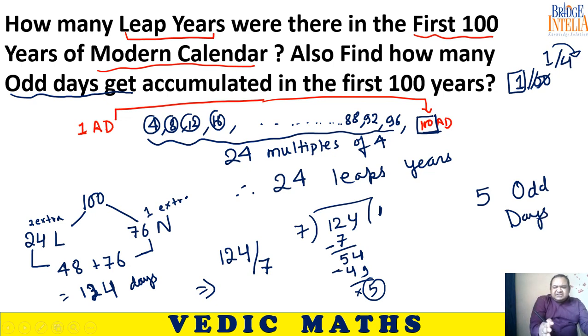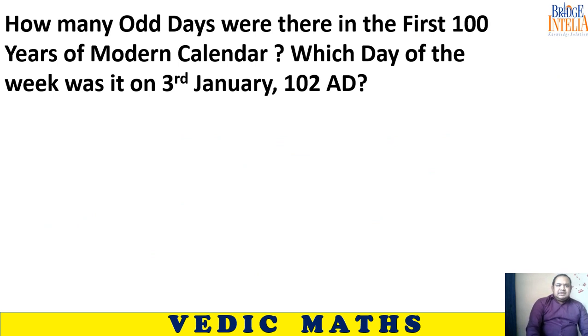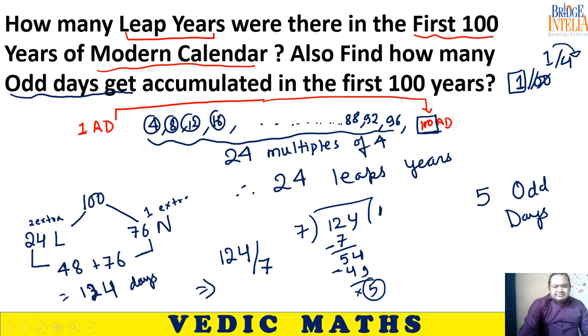And in the first 100 years, there are 24 leap years. Now, the question is, how many odd days were there in the first 100 years of the modern calendar? 5 odd days.